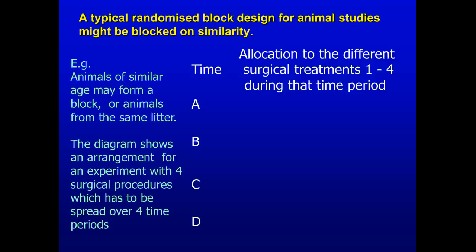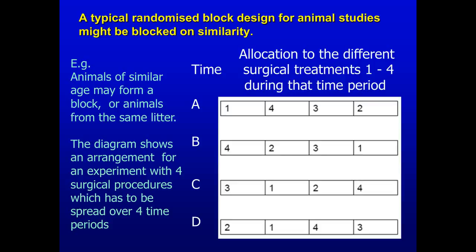The important thing is, A, to make certain that every one of the treatments being compared is within the block, in this case the time period, and that they are randomly arranged within it. And that's a pattern that would fit.